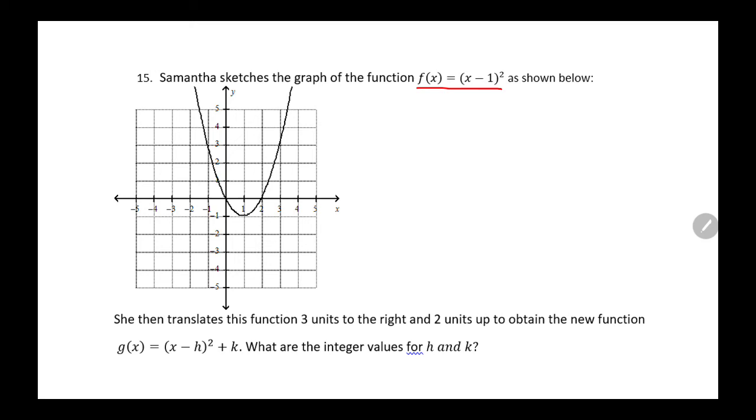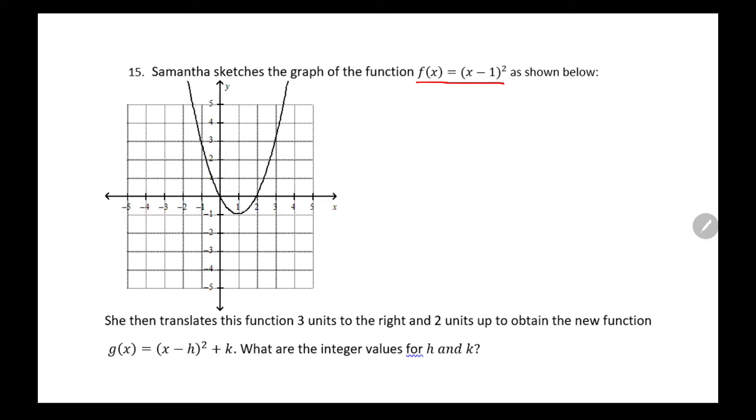Okay, I think there might be a typo here, because if you observe, this function has a vertex, if we flip the inside and keep the outside, of 1, 0. But this graph has a vertex of 1, negative 1.